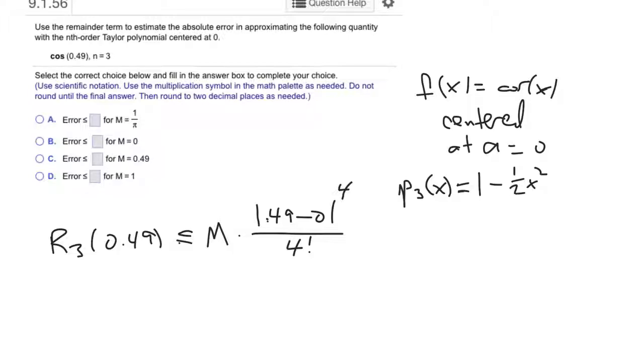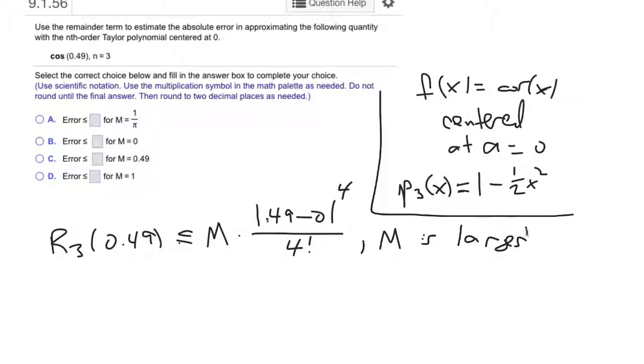And here the M, well, largest is not really the right word. M has to be greater than the 4th derivative of the function.